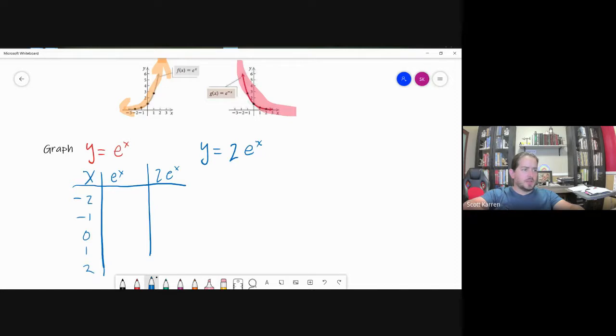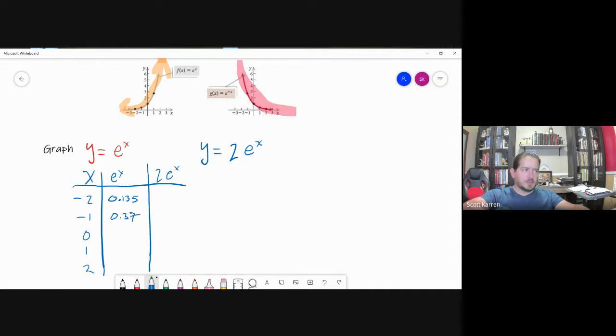I'll just throw them into a calculator because there's no way I would know what these are off the top of my head. But e to the -2 is 0.13. I don't really care how accurate you get here, because when I graph it, there's no way I'm going to be more accurate than that first decimal place anyway. But e to the -1 is 0.37-ish.